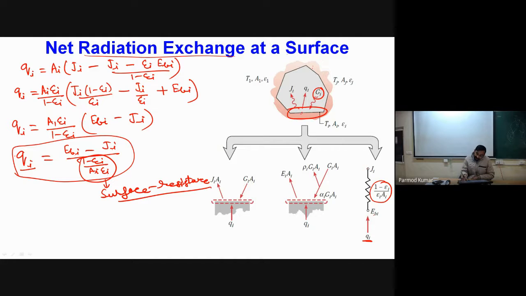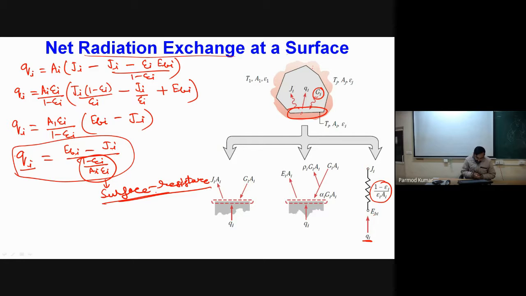So till now, at a surface, whatever irradiation is coming, that we are accounting, and we are finding that that radiation is actually depending upon radiosity and the black body radiations at same temperature, and the surface properties, which is nothing but emissivity of the surface. Okay, so that's why this particular resistance is called nothing but surface resistance.